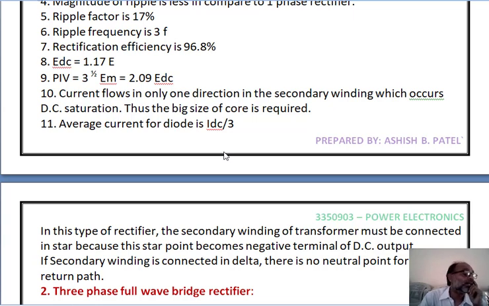Second, in this rectifier, the secondary winding of the transformer must be connected in star. It is required because this star point becomes the negative terminal of the DC output. So if the secondary winding is connected in delta, suppose, that means there is no neutral point available for the neutral path.